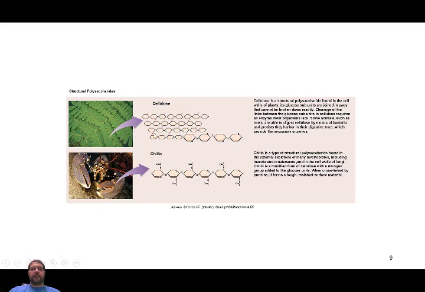That gives it that unique structure, and it makes it hard for enzymes to break it down. Same thing with chitin. The base is glucose, but you have other things like nitrogen-carbon bonds going on throughout these molecules. Okay, that makes it a little more rigid and tougher to break down.